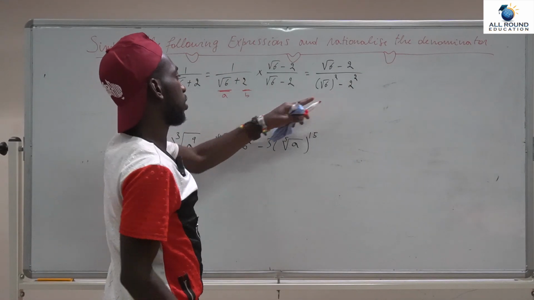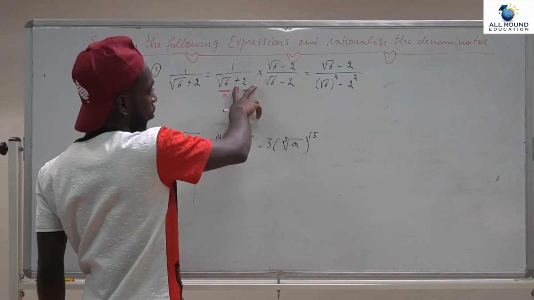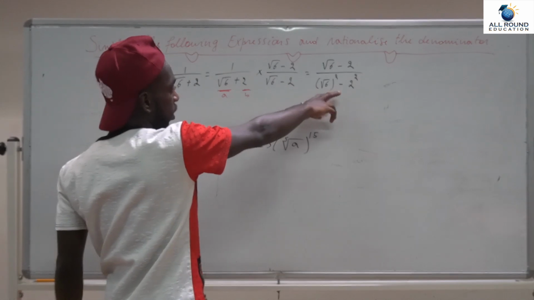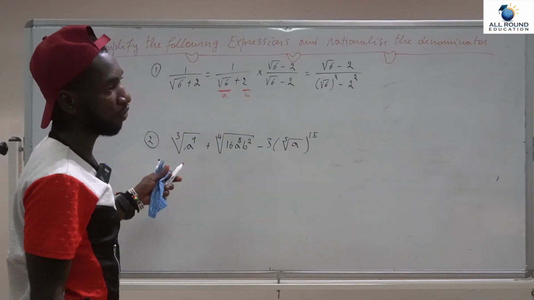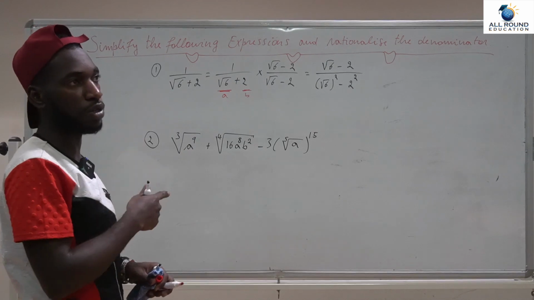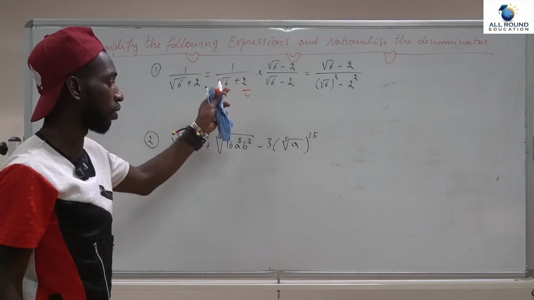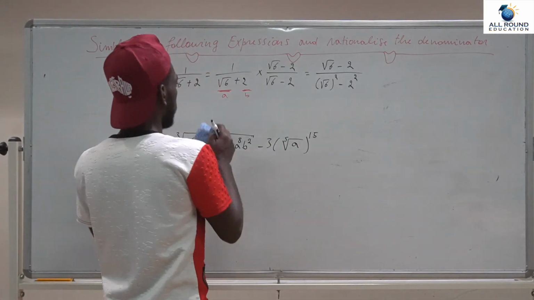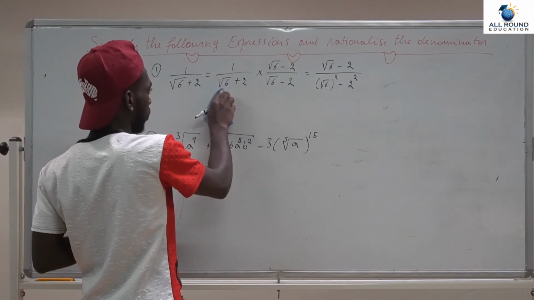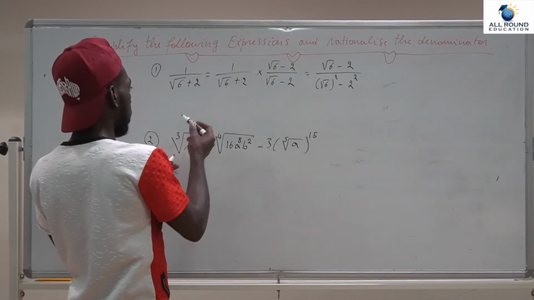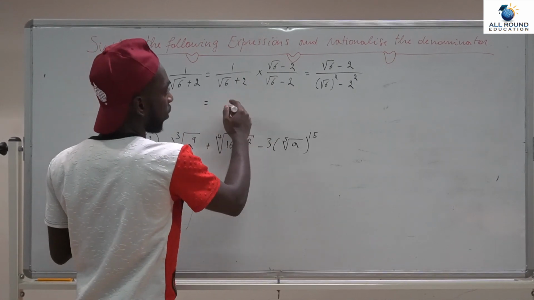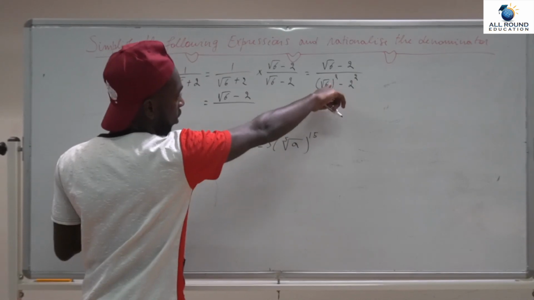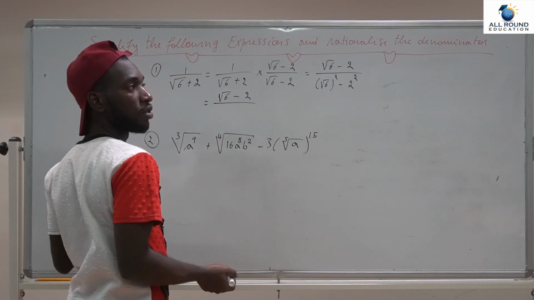If you're not sure how I'm getting this, you can do normal multiplication with these factors and see what you get. You will definitely get that. And if you're not sure, again, watch our previous videos, because we have done something similar to this one. So if I move on from there, my next line will be root 6 minus 2 over square root of 6 squared.